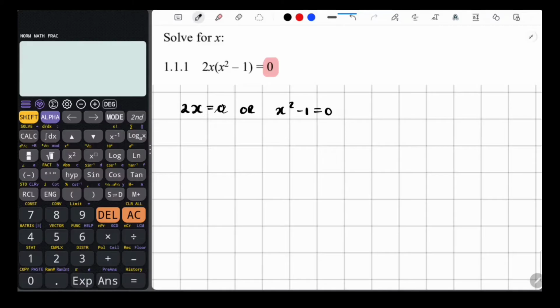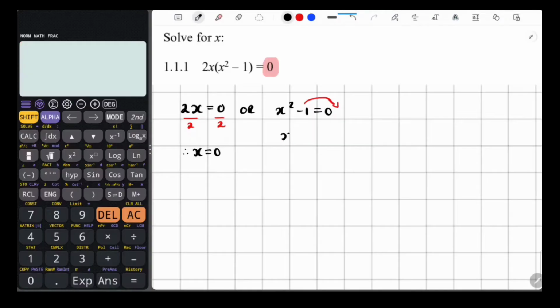Solving for x, we divide both sides of the equation by 2, and so x is equal to 0. And here we have x squared minus 1. You can view this as difference of two squares, or you could just leave the x squared on this side and take the negative 1 over.